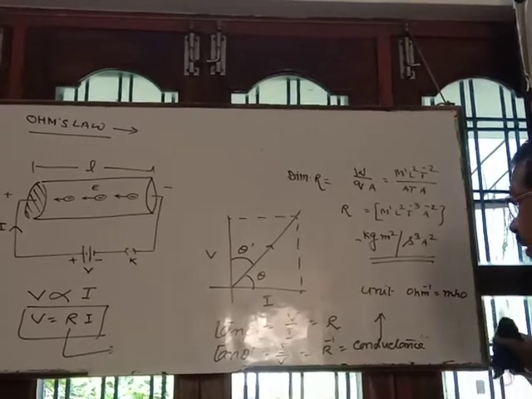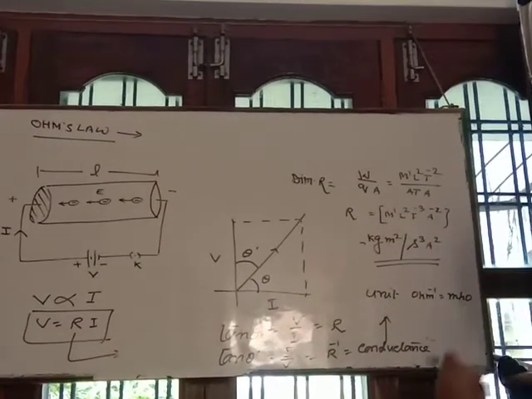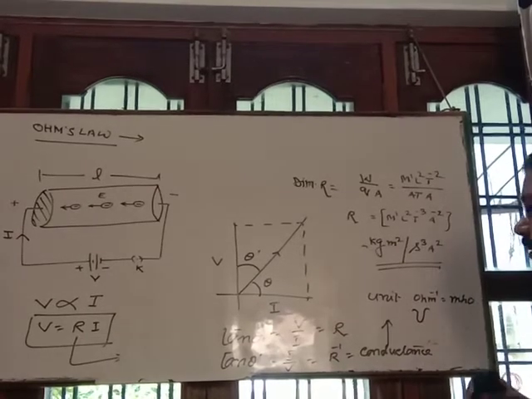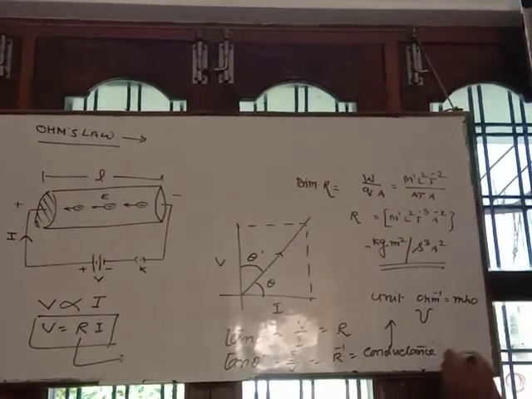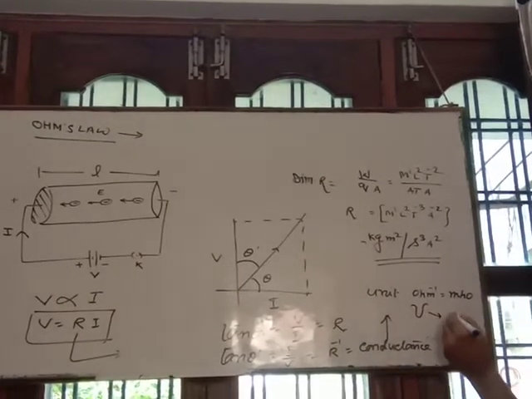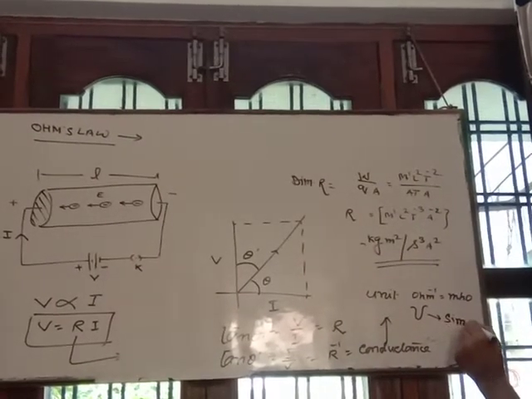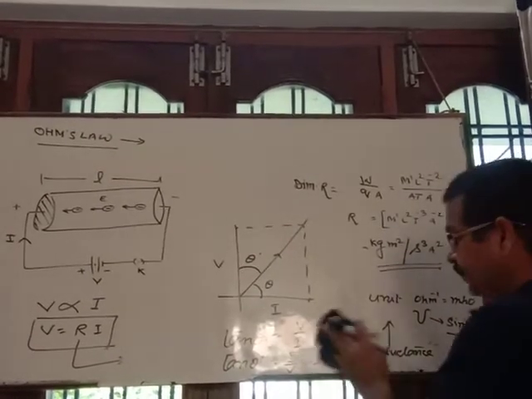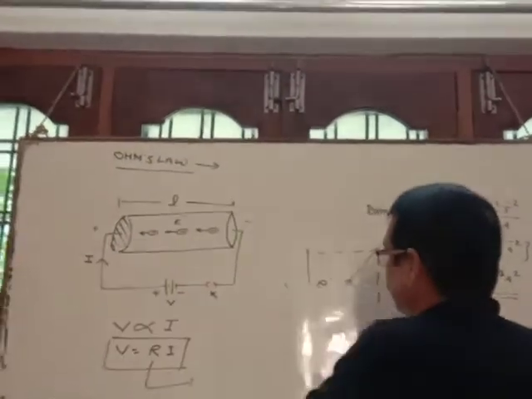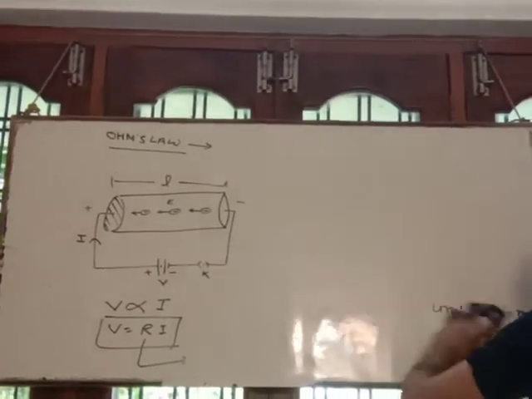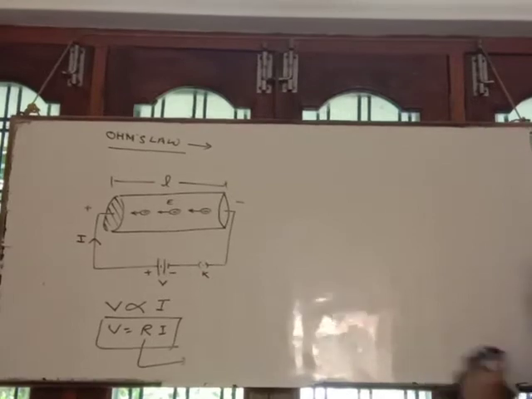The unit of conductance is mho, and it is denoted by Siemens, just opposite to ohm. So the unit of conductance is mho or Siemens. Clear? So this is Ohm's law and resistance.